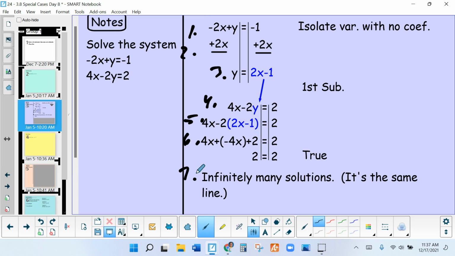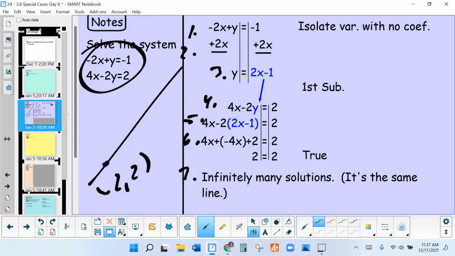Well, it's every point on those two lines, which is the same line. But there are so many points on one line that you can never, not even a computer could ever name them for all of human existence, because it's infinite. Right? So let's say this is our line, right? There's a point here. I'm just making this up. It's not true for this. I can do all the math. It's going to take too long. Let's just say negative 2, 2 is a solution.